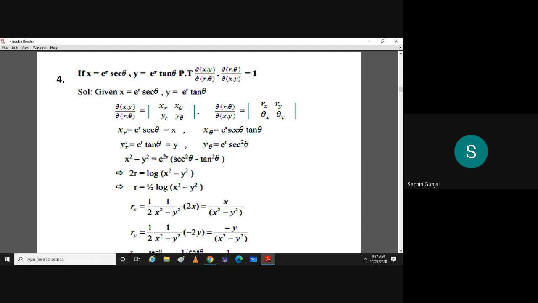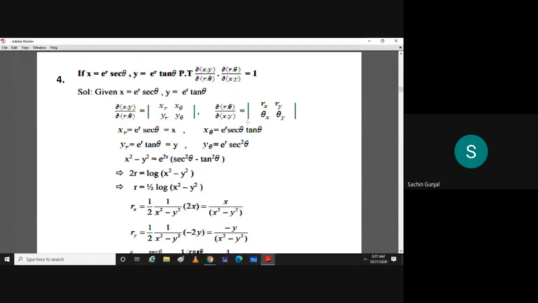Then y with respect to r is e raised to r tan theta, which is nothing but y. And y with respect to theta is e raised to r into the derivative of tan theta, which is sec square theta. Now you can substitute these x_r, x_theta, y_r, y_theta in this and you will get some Jacobian.